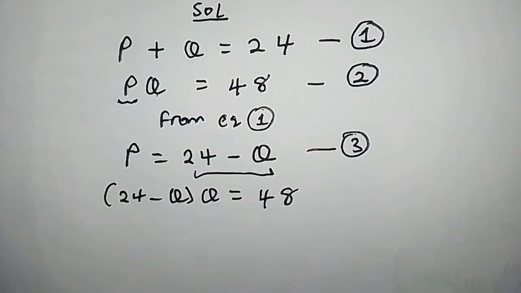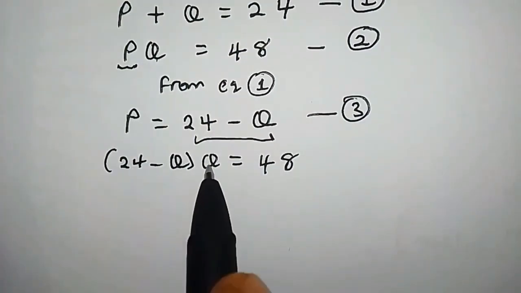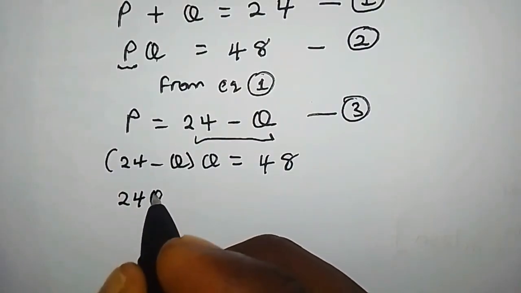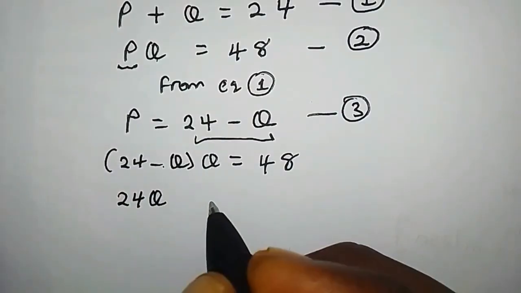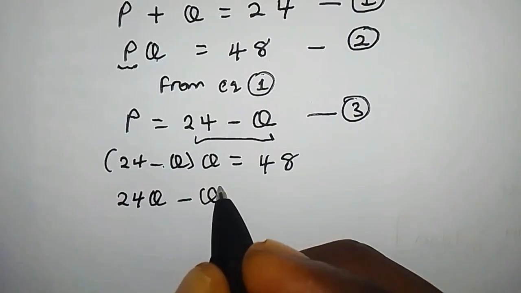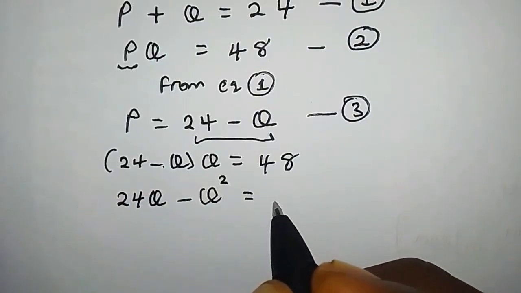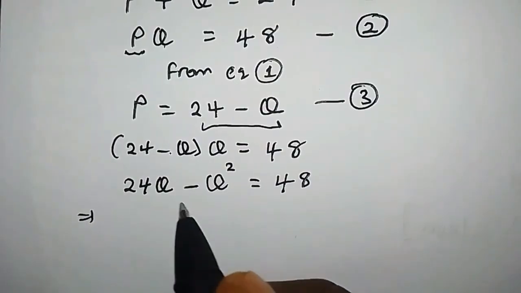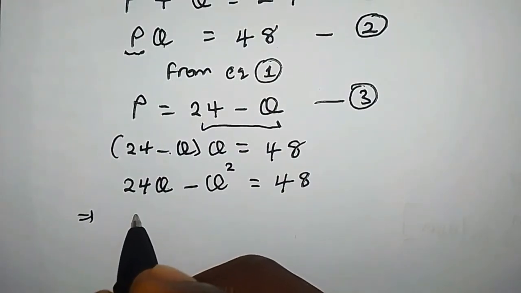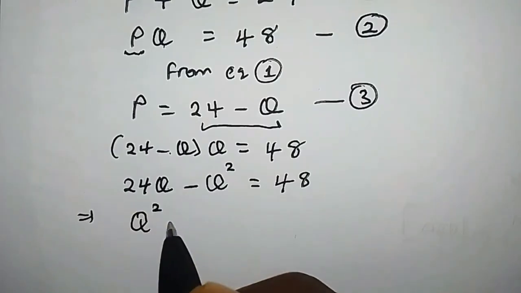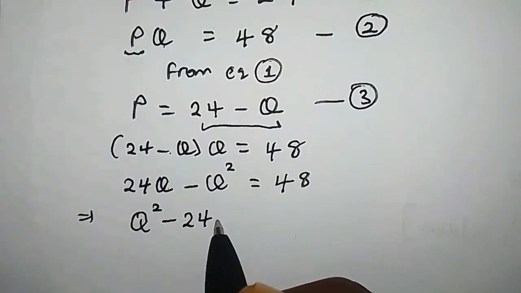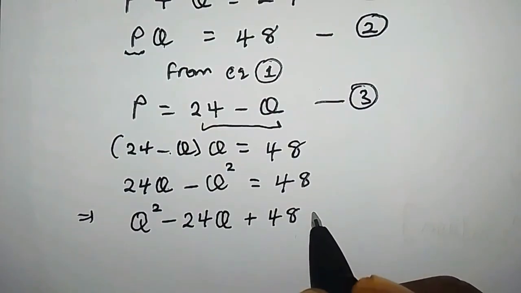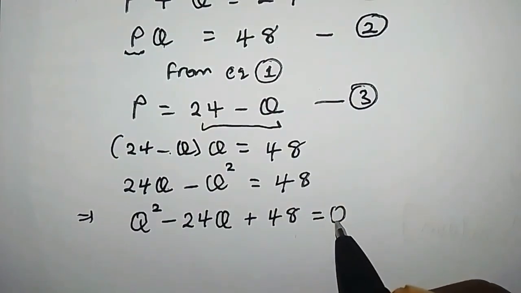Let's continue. 24 times Q, that is 24Q, minus Q times Q, that is minus Q square, equal to 48. Rearranging this equation, we have Q square minus 24Q plus 48 equal to 0.